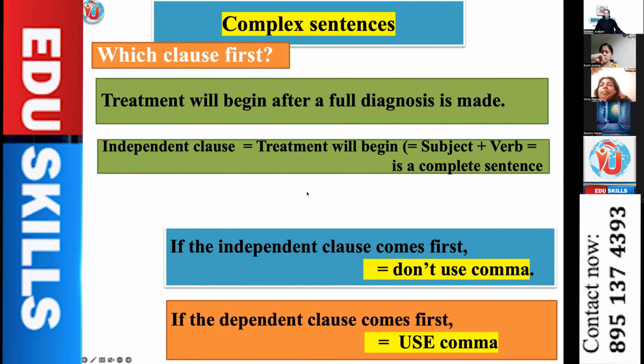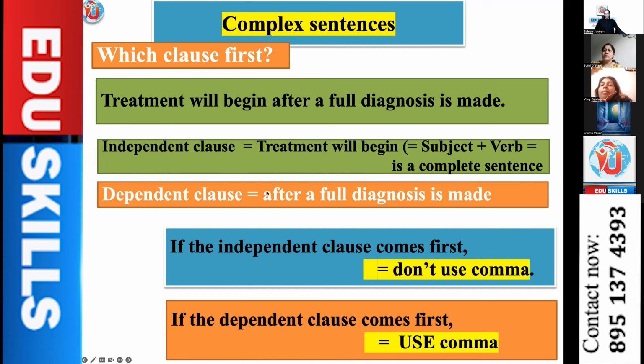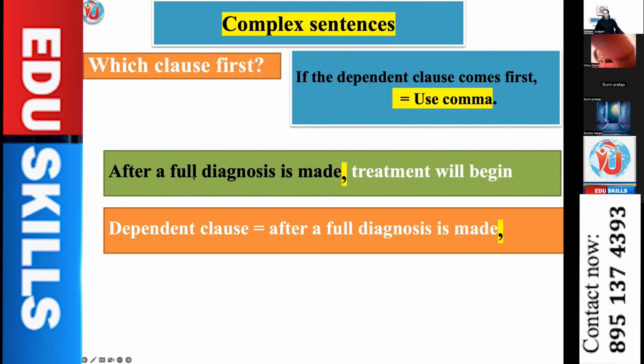So there is one independent clause and one dependent clause. We started with the independent clause, so there is no comma required. See the other way, written in a different way: "After a full diagnosis," that is the dependent clause first, so we have put a comma here. If you start with the dependent clause, you have to put a comma.